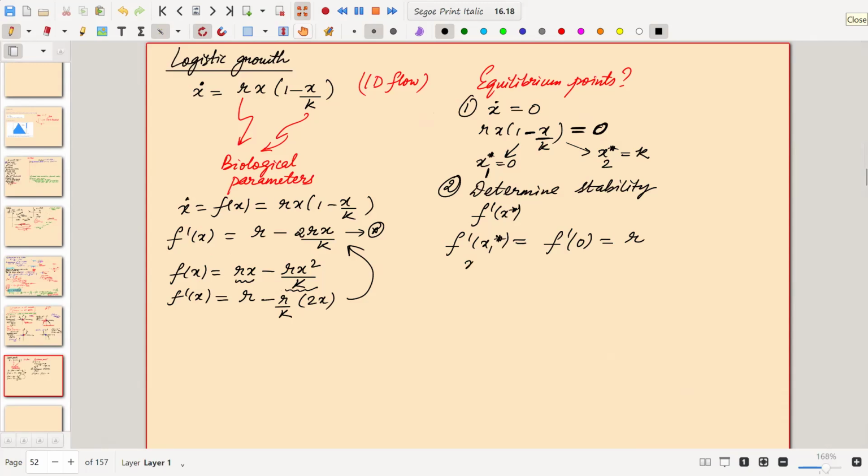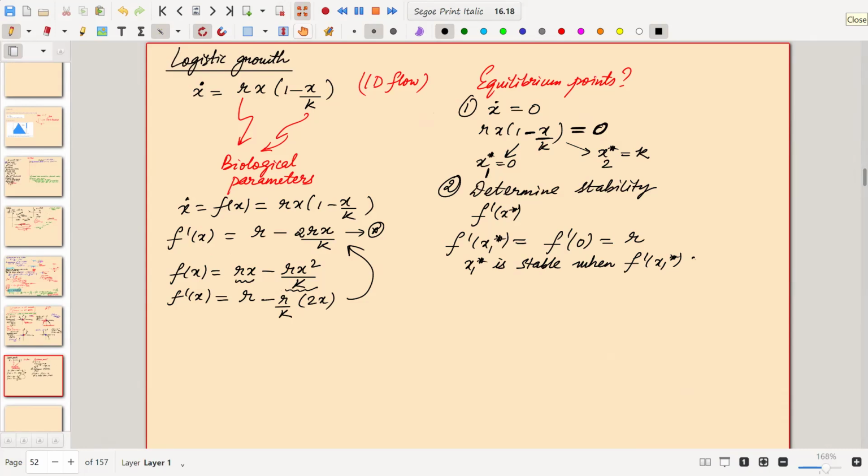So now x1 star is stable when f prime of x1 star, the derivative, should be less than 0.